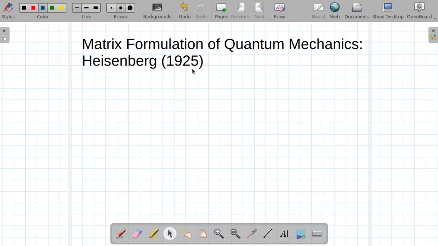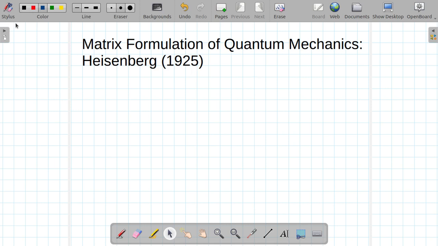Welcome to this lecture. In this lecture, I am going to talk about the matrix formulation of quantum mechanics as described by Heisenberg, how Heisenberg started doing quantum mechanics using matrices, how he got the idea. For that, let us start with classical mechanics.